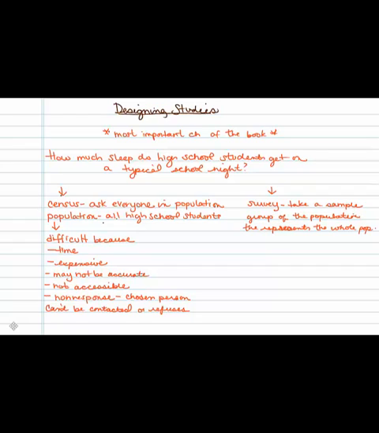So if we ask maybe half of our high school students or a quarter of our high school students, we can kind of make an inference of what our typical student's sleep pattern would be on a school night. So a survey should be easy.